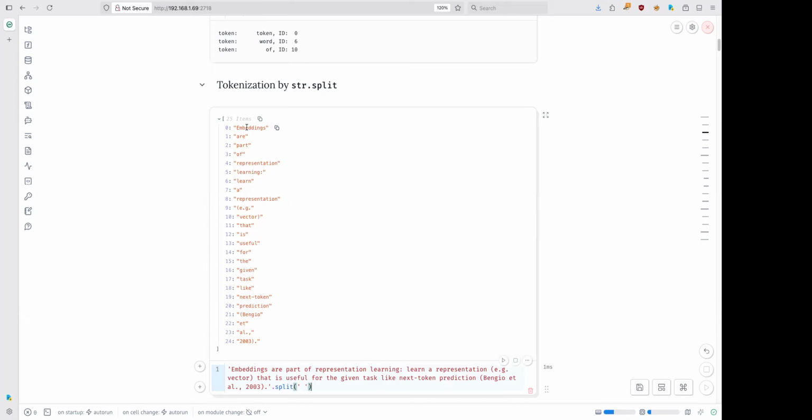So we have embeddings, which is a word, are part of representation learning and stuff like that. But since we split on white space, we have some weird stuff like a token that begins with an opening parenthesis. We have weird tokens like this, which ends with a closing parenthesis. So this needs some tweaks.